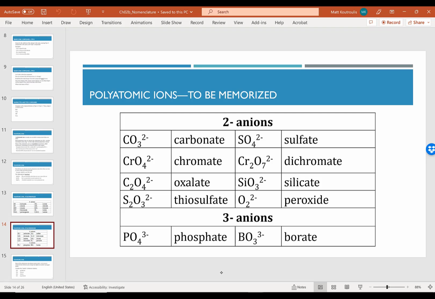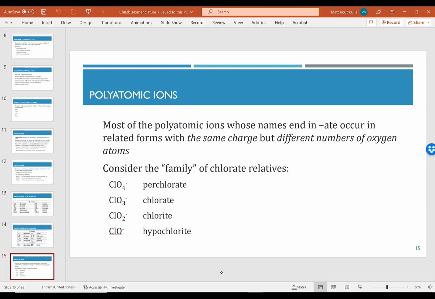Unfortunately, this is nowhere near an exhaustive list because there's the ates, but who else is out there if you remember? The ites. So how are the ites related to the ates? They have 1 less oxygen, yeah.